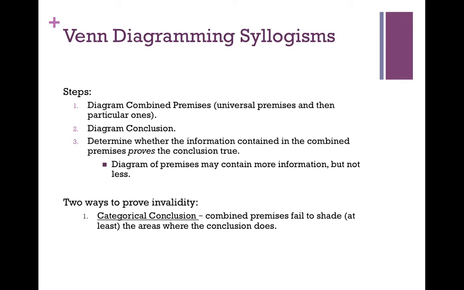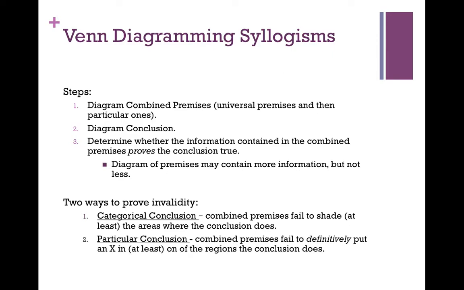And this is all really abstract right now. It's going to actually make a whole lot of sense once I give you some examples. But when it comes to a particular conclusion, it is going to be a little bit different. In this case, basically the combined premises have to definitively put an X in the region, or one of the regions, that the conclusion says the X belongs in.